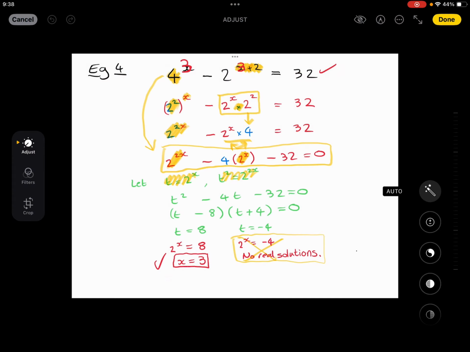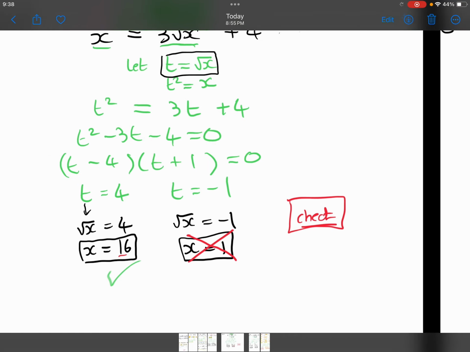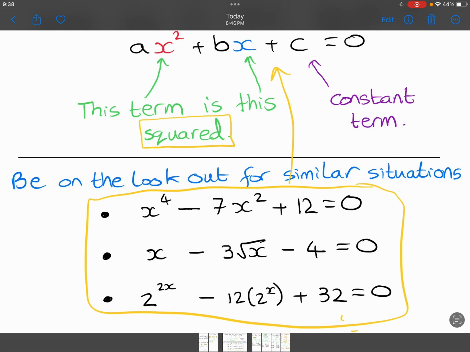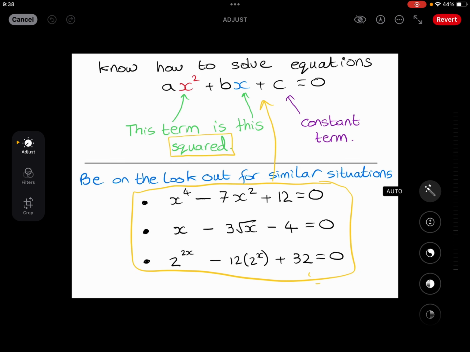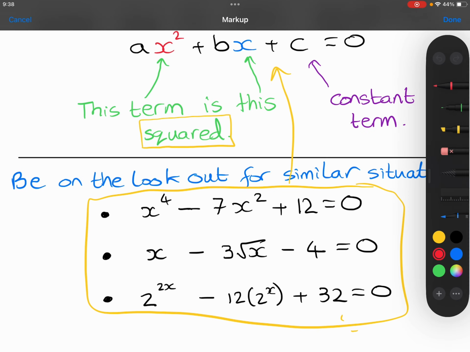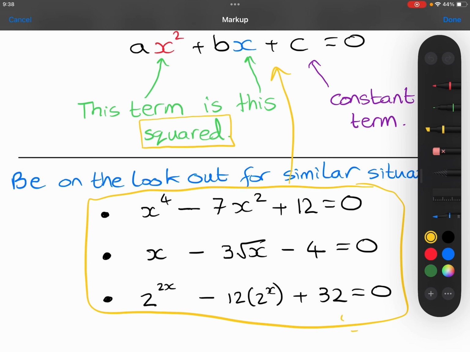So that's it. That's how we can solve complex equations by making a substitution. You want to be on the lookout for situations where this is this squared, this is this squared, this is this squared.